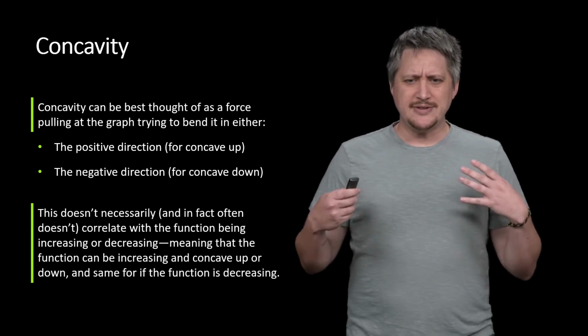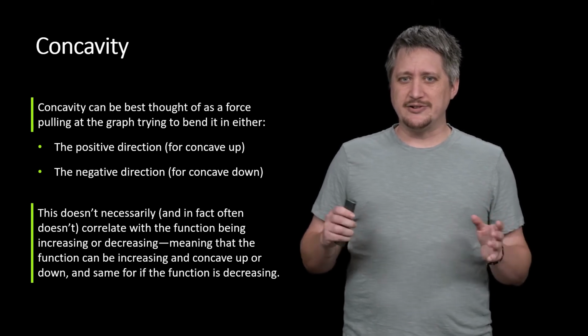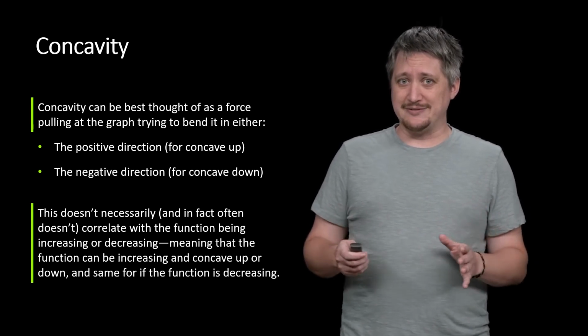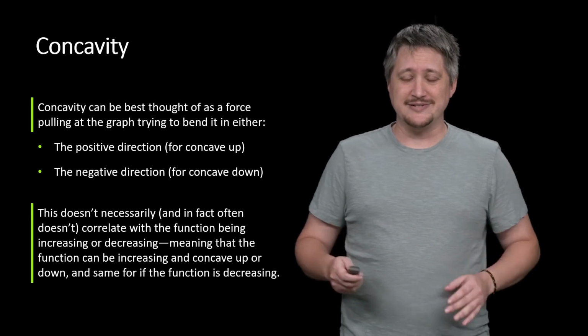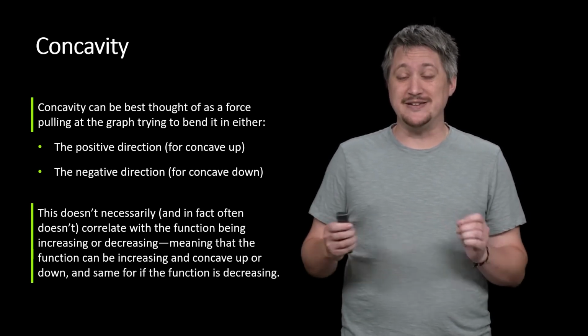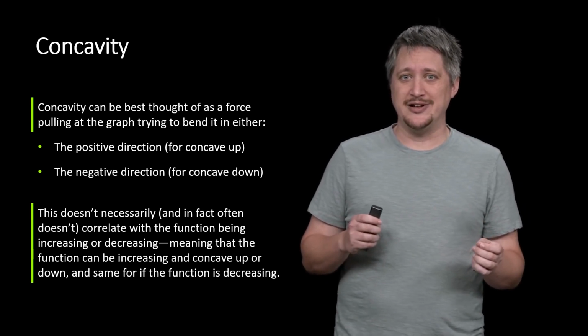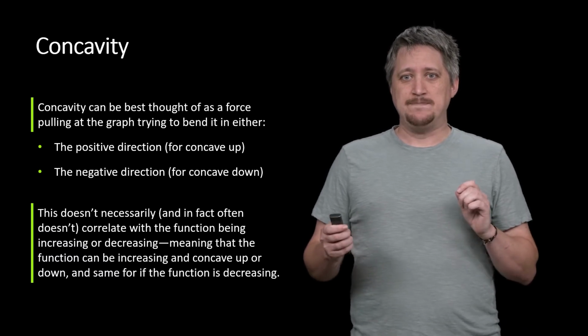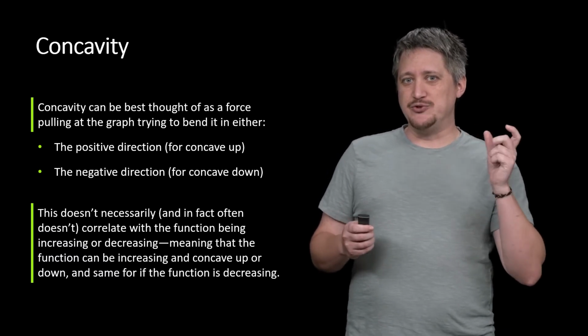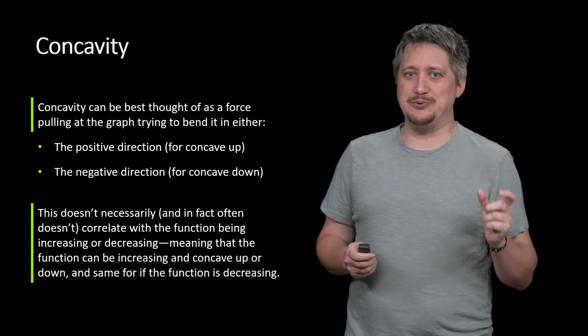Importantly, this doesn't correlate with the function being increasing or decreasing. This is one of those divisions where your brain, as a visual entity, wants to put these two things together.